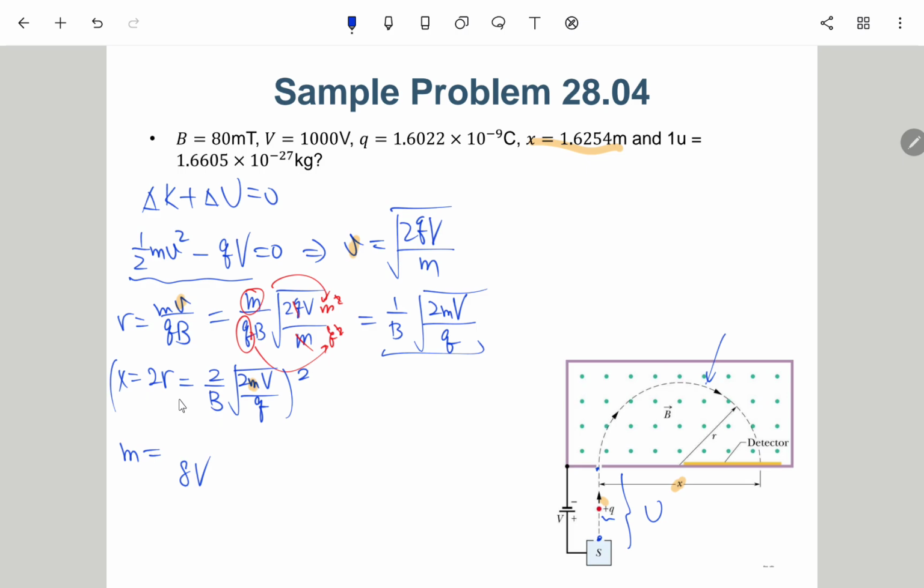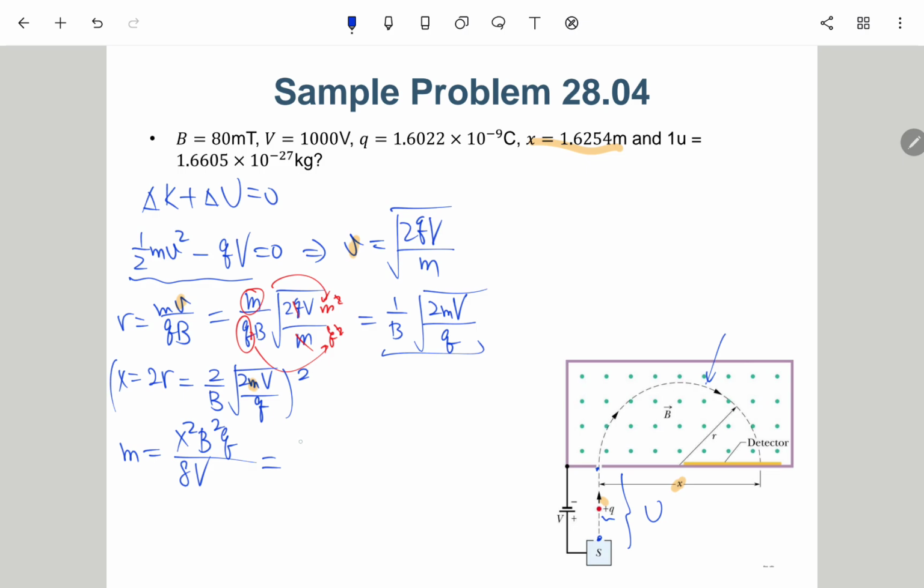And then we have x squared here, and B squared moving to here, and also a small q like this. Now we can plug in all the numbers.